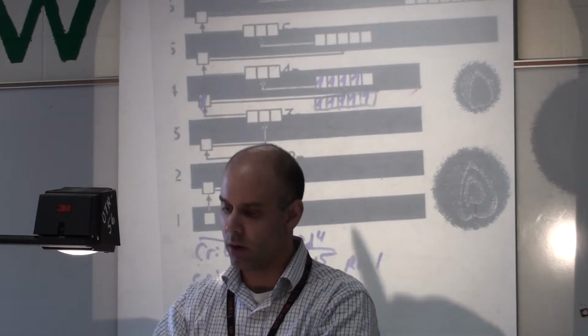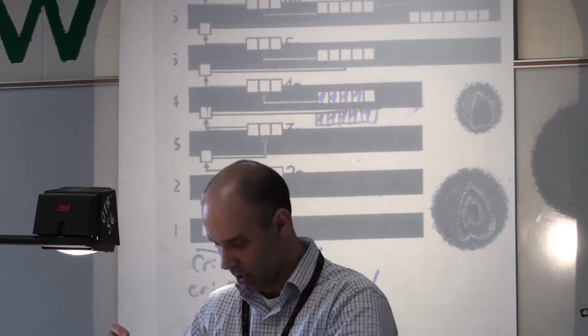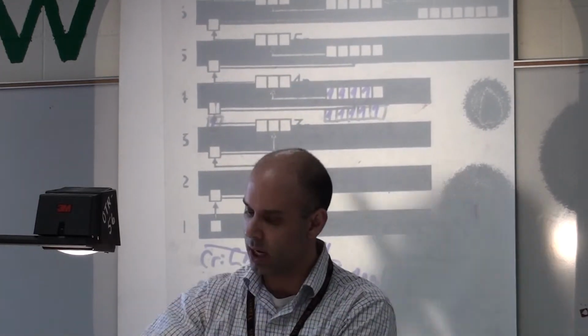So that's what happens to chromium. Now, the next electron, where does it go? Well, when that electron goes from there to there, then the 4s in turn drops in energy. And so when the next electron goes in, it goes in the 4s.